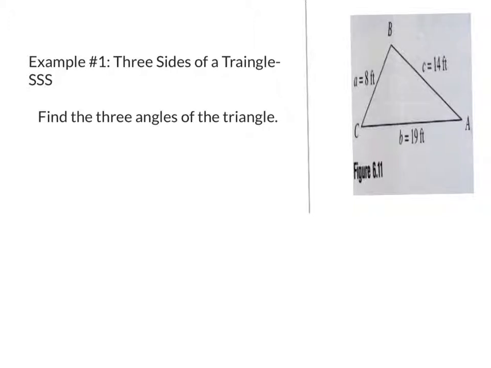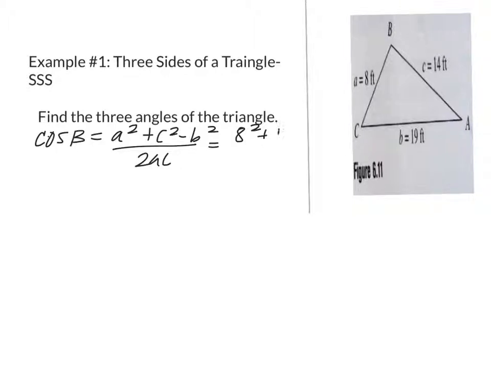So let's go ahead and do that math. For cosine of B, that formula says A squared plus C squared minus B squared over 2AC, which for us would be 8 squared plus 14 squared minus 19 squared over 2 times 8 times 14.